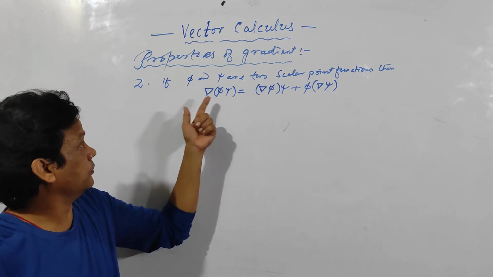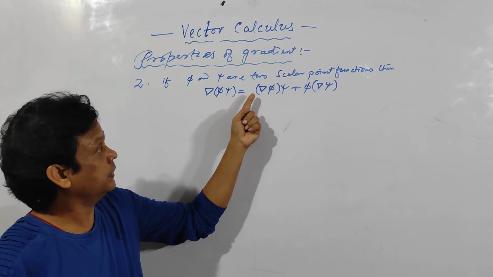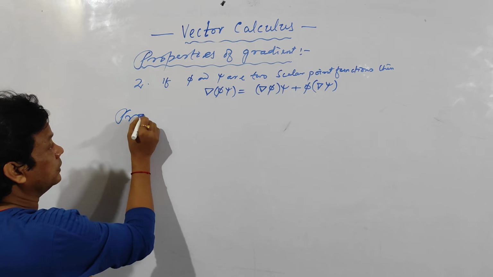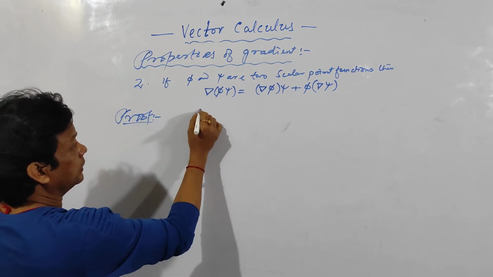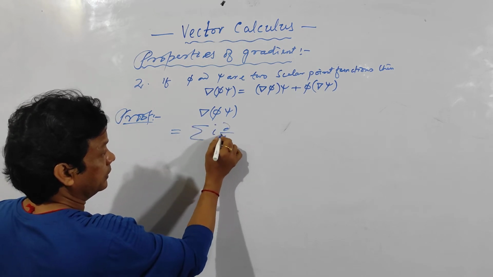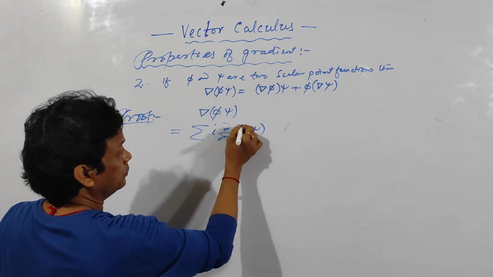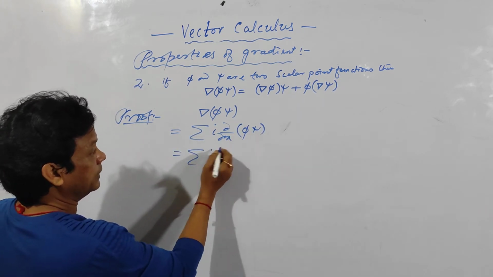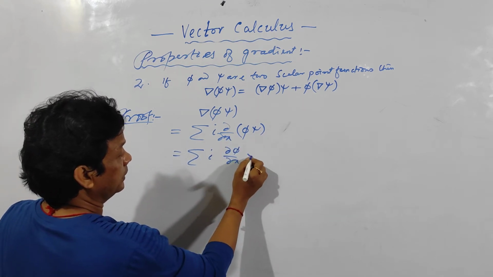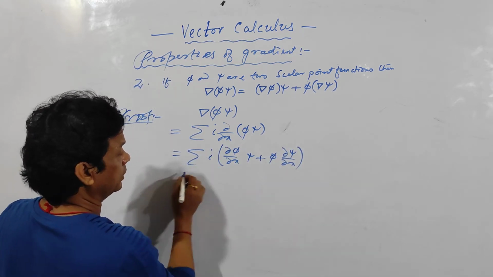See the second property. If phi and psi are two scalar point functions, then grad of (phi into psi) = (grad phi) into psi + phi into grad psi. This is also a very easy proof. Grad of phi psi is the summation of i ∂/∂x, which is the definition of grad, operating on phi psi. Apply the product rule: ∂phi/∂x into psi + phi into ∂psi/∂x. I have told you, you should maintain the order.